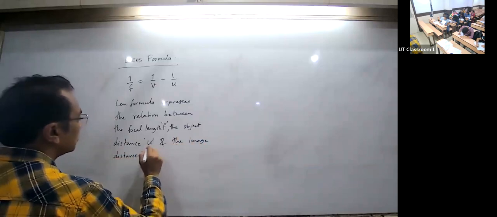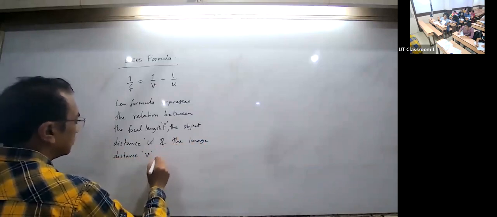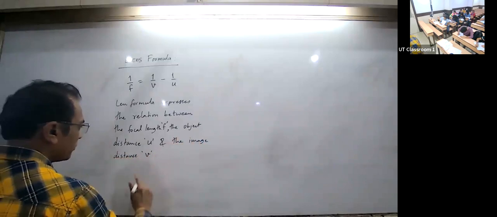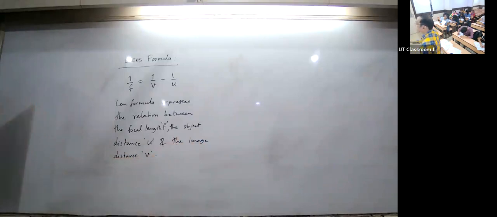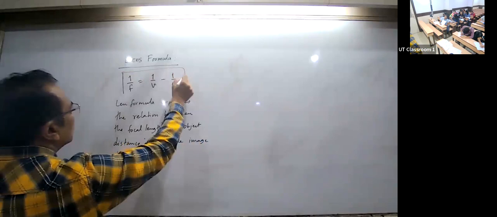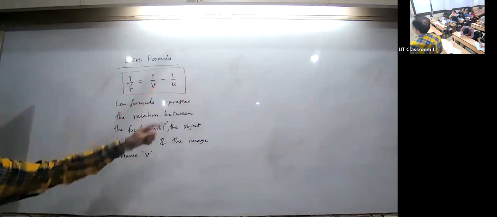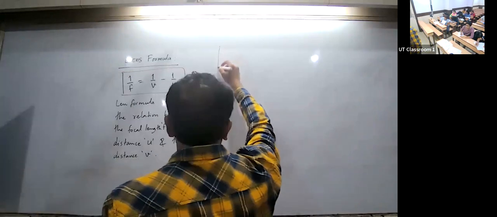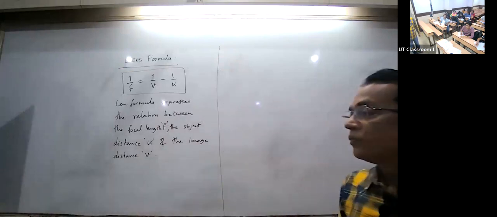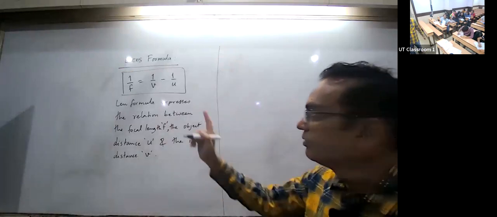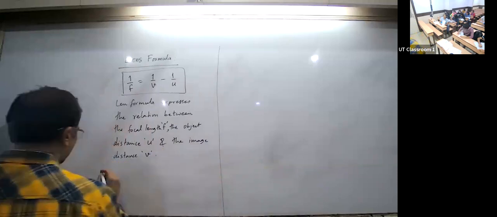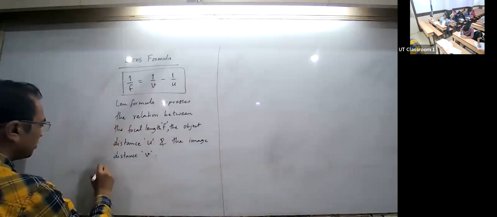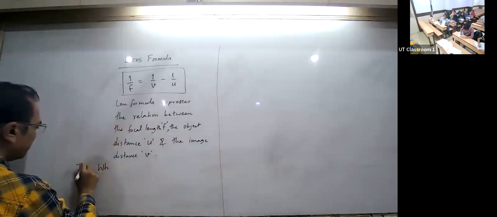In case of lens, the lens formula is given in this form. The only difference is that now the negative sign appears, right? Now some tips when we are using this formula to solve numericals, right? While solving numericals, so this is a tip.